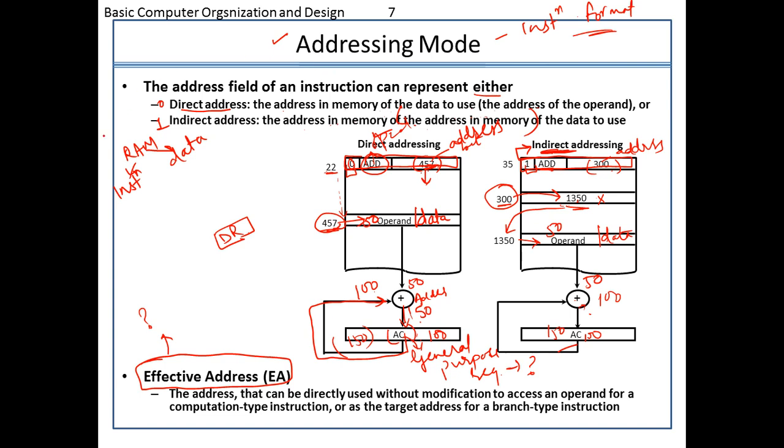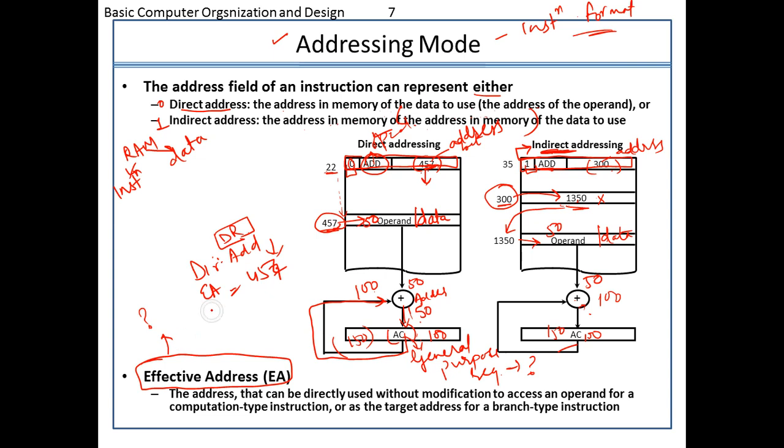So the idea is that it helps me understand what the target for the data within the memory is. Here, in case of direct addressing, the effective address would be 457.